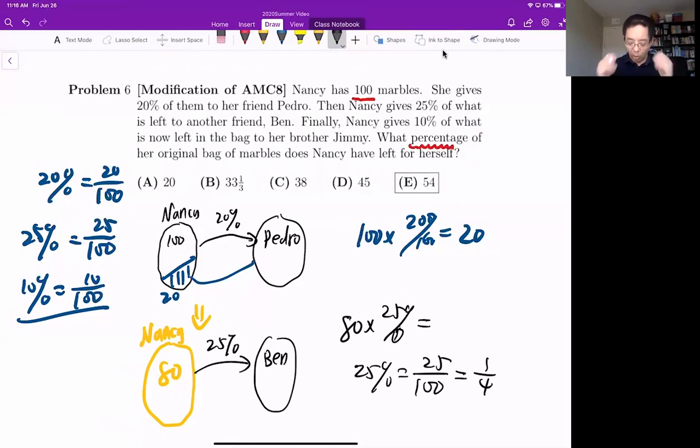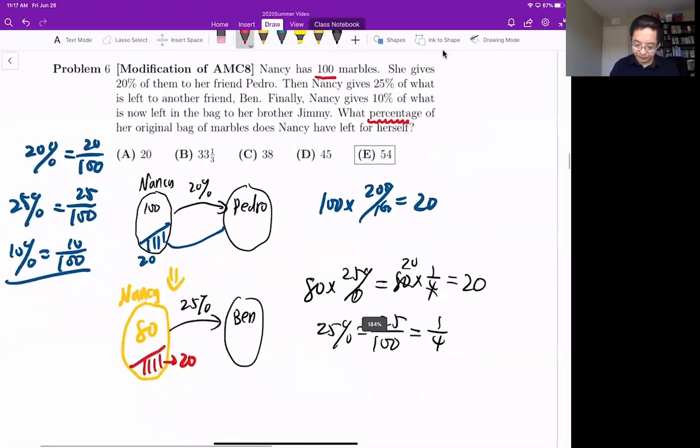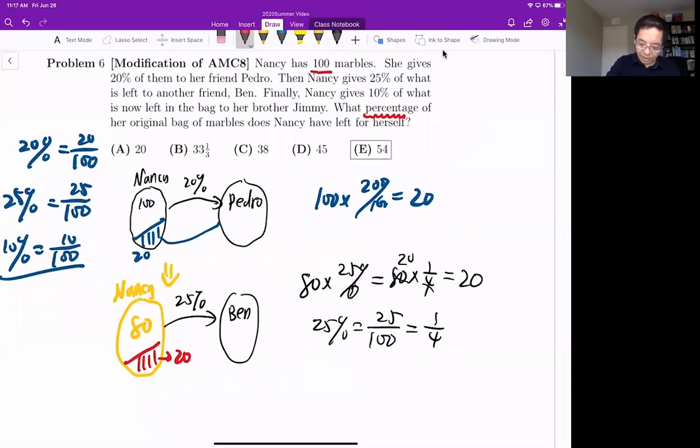So this is 1/4 of 80, which is 20. So she gave another 20 to Ben. After this, Nancy has 60 left.